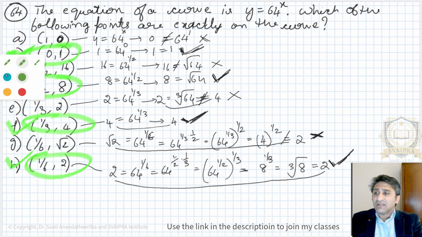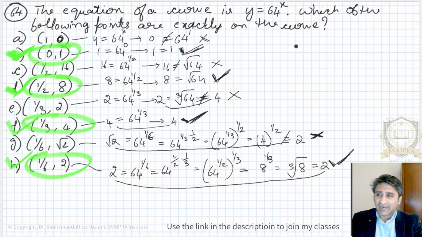Let's have a look at how the curve might look, even though it's not asked exactly. Let me put down a graph with increasing values of x along the positive x axis and increasing values of y along the positive y axis.